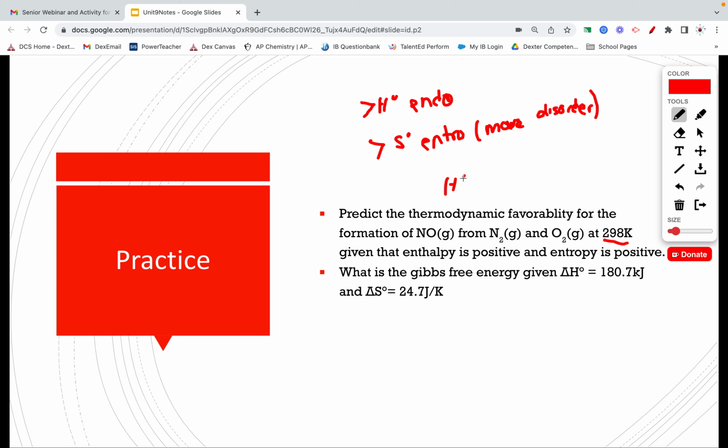And remember, delta G equals delta H minus T delta S. That's the equation that we're looking at. Gibbs has to be negative to be favorable.